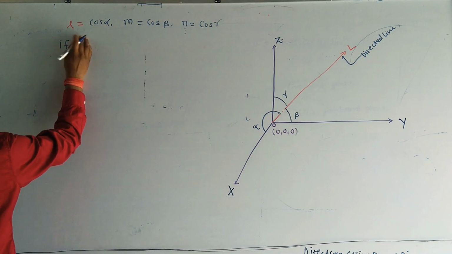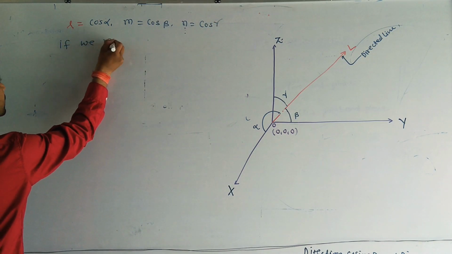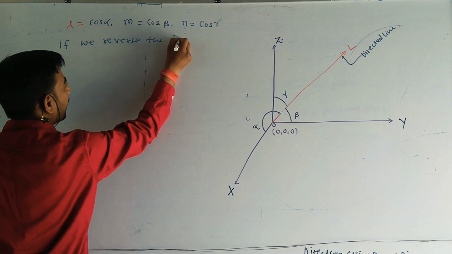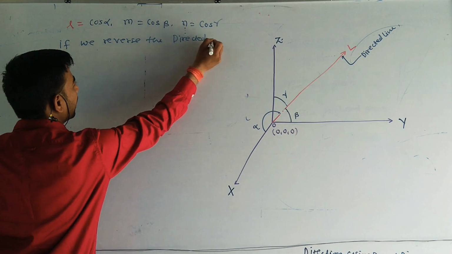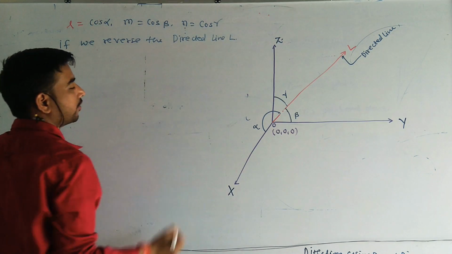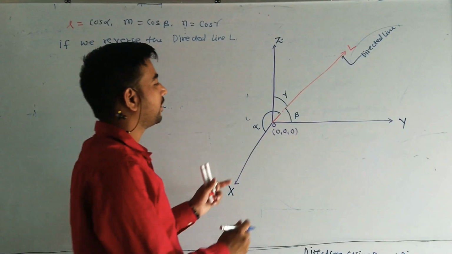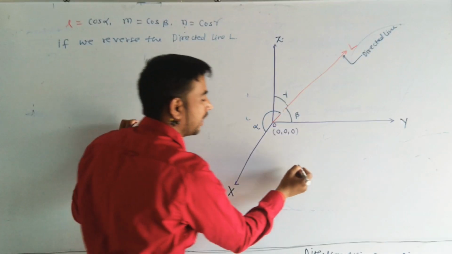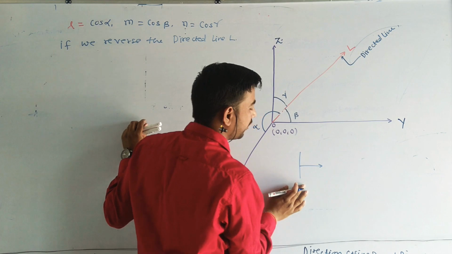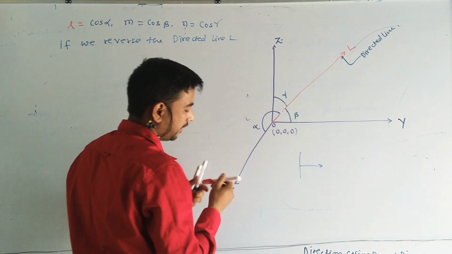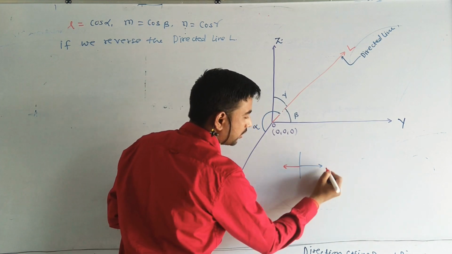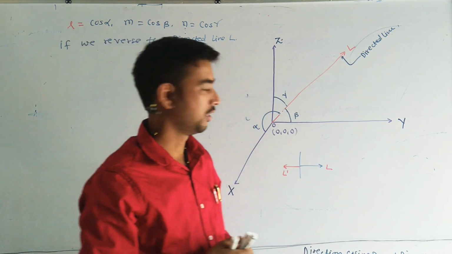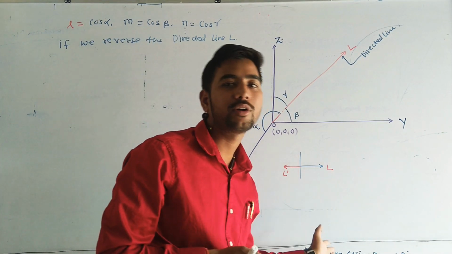If we reverse the directed line L, it means that the line you will reverse opposite. Suppose that line is here, then you will reverse this one line on here. So this one and L dash both are reverse to each other. This one is what? Reverse line.